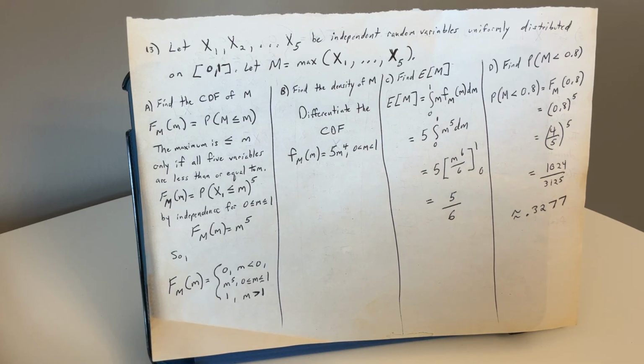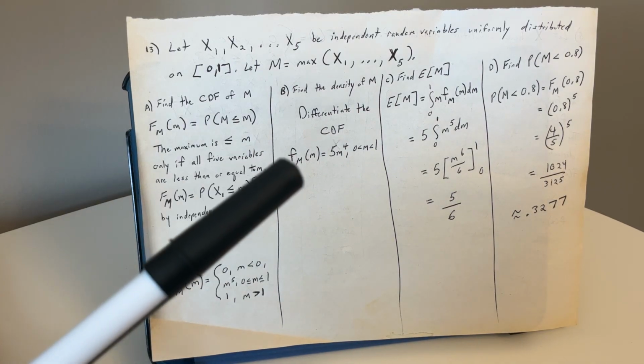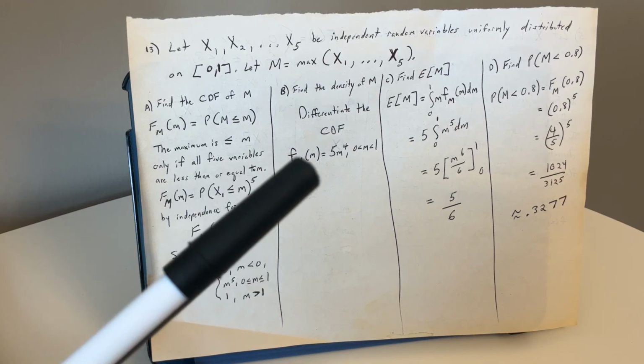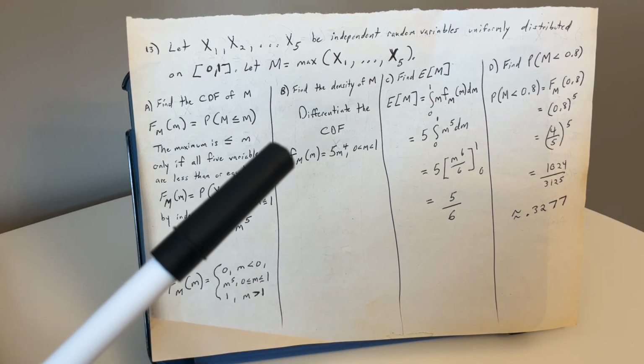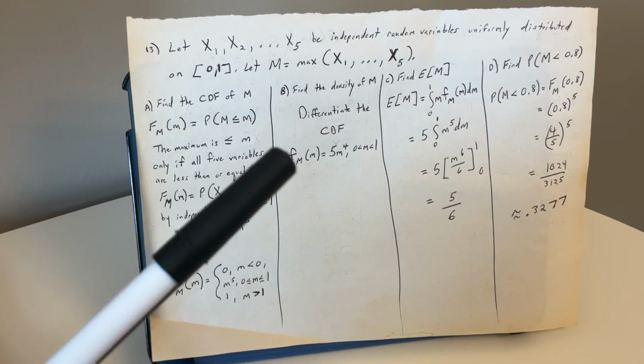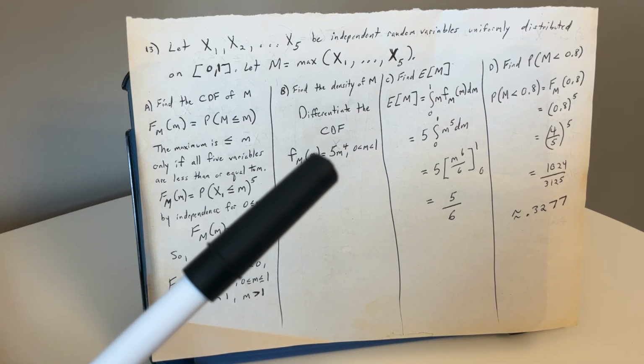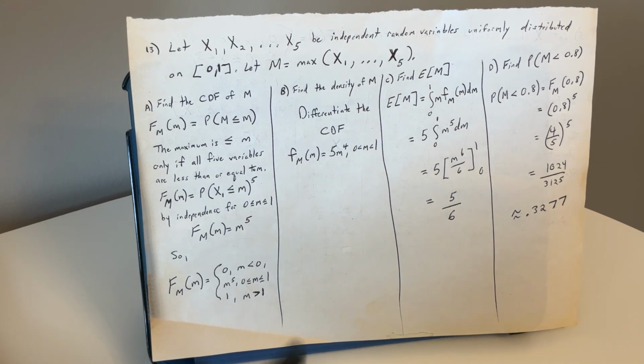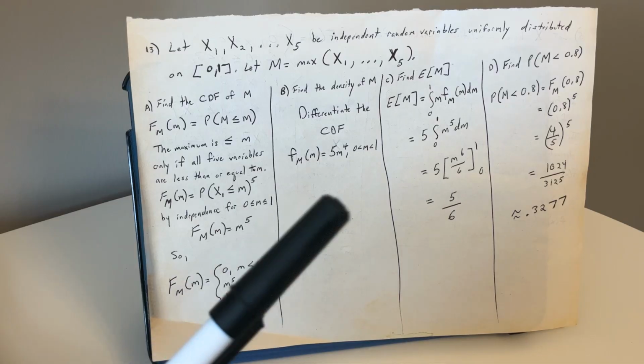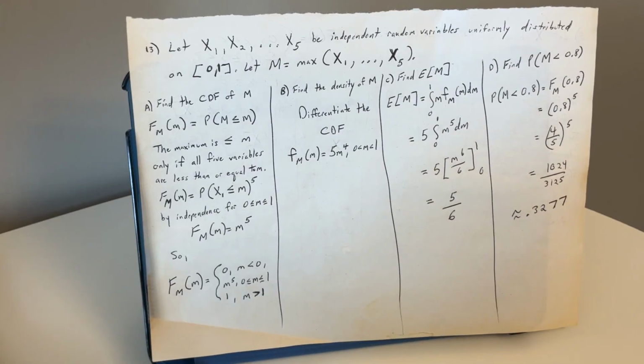Differentiating m to the 5th, the density f sub capital M of m equals 5m to the 4th, for 0 less than m less than 1.